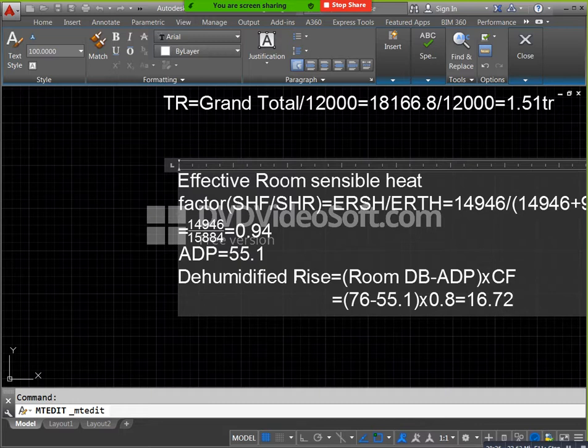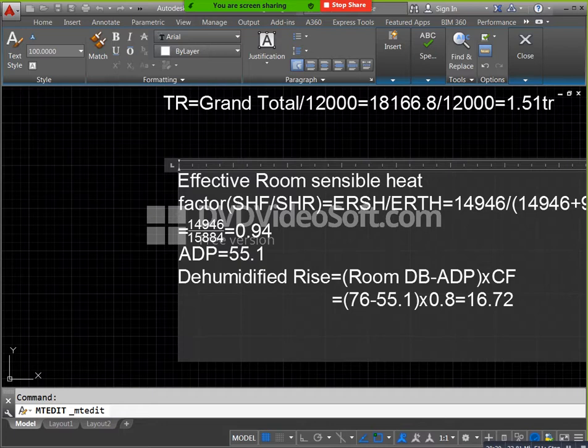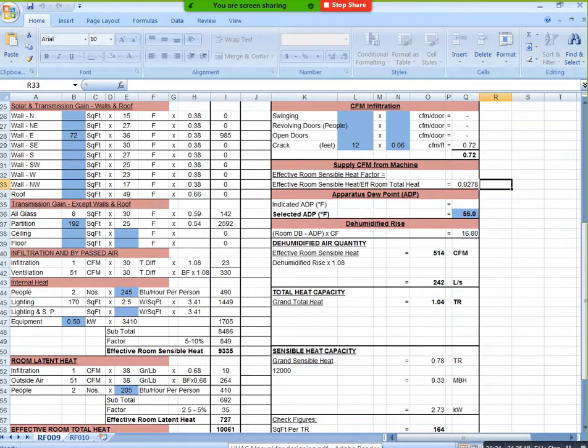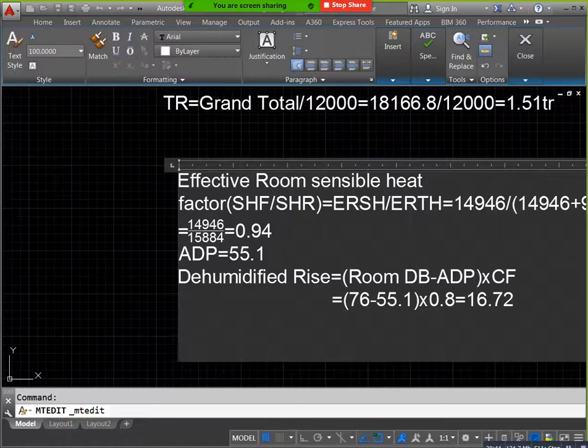Supply CFM is equal to ERSH divided by dehumidifier rise into 1.08. Now we already know these two values.